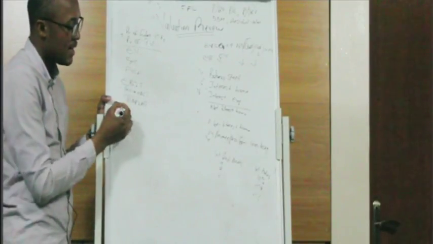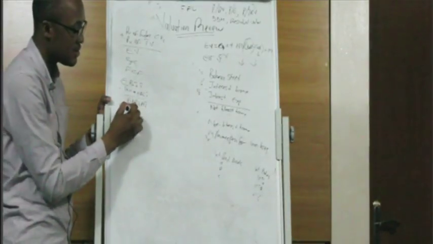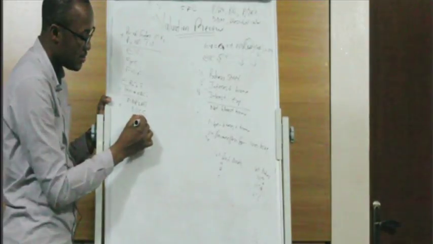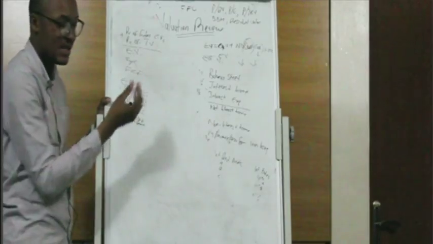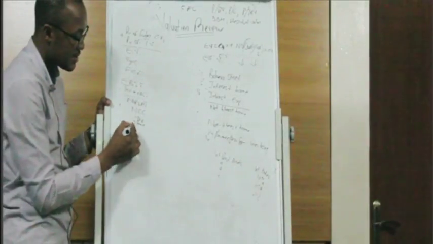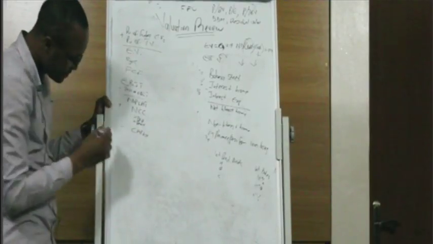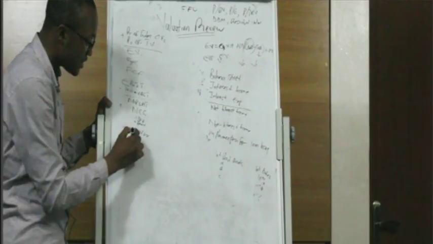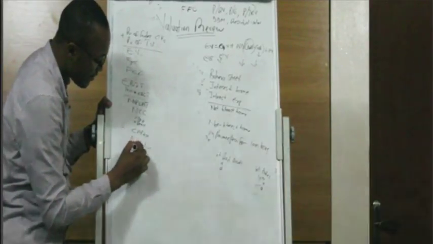And then you add your non-cash charges, which would include depreciation, amortization, and any other non-cash items. You subtract capital expenditure, capex. You subtract changes in working capital, and then you get your free cash flow.